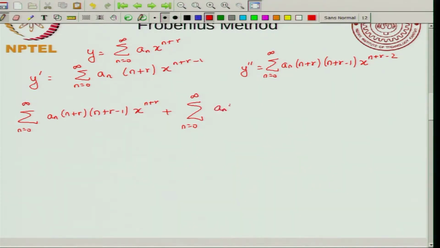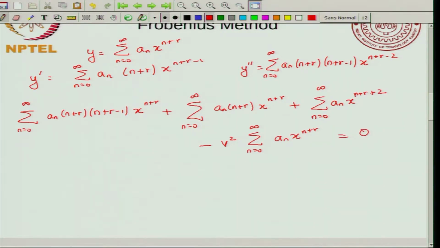So I have a n (n plus r) x raised to n plus r, and then I have x square minus v square. So the x square term will look like sum over n equal to 0 to infinity a n x raised to n plus r plus 2 and minus v square sum over n equal to 0 to infinity a n x raised to n plus r equal to 0.